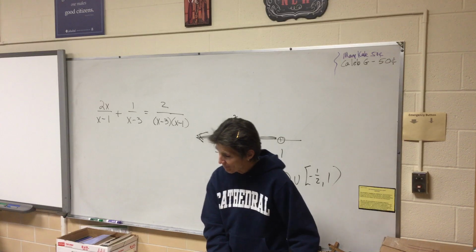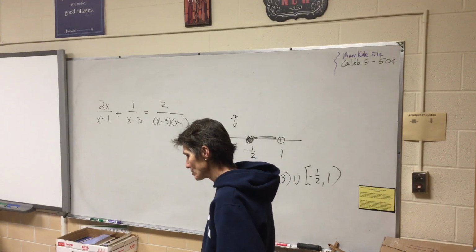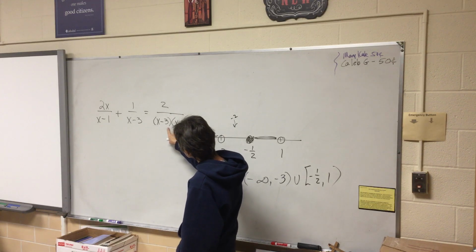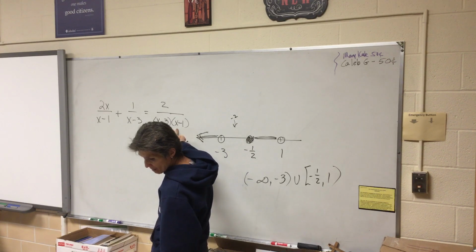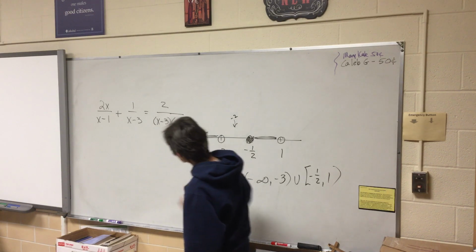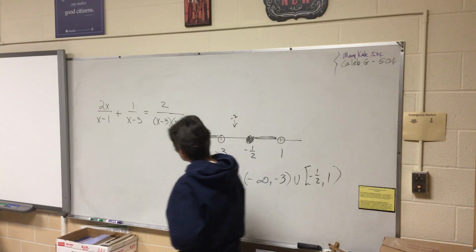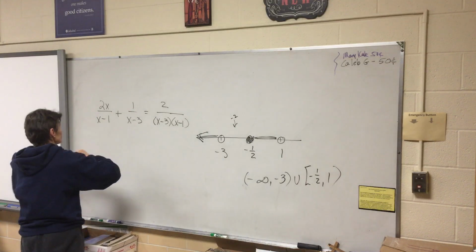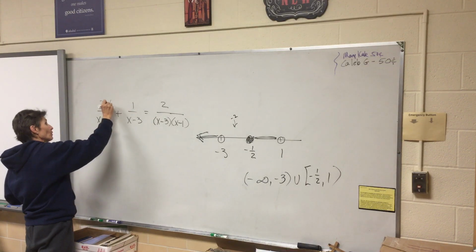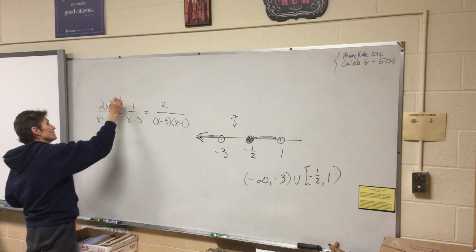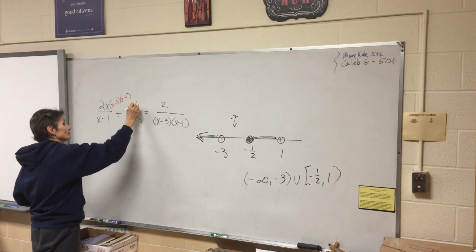You always want to factor your denominators. So that last one factors into x minus 3, x minus 1, which matches the other 2. So now we're going to multiply everything by x minus 3 and x minus 1.